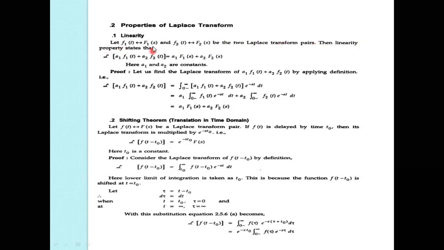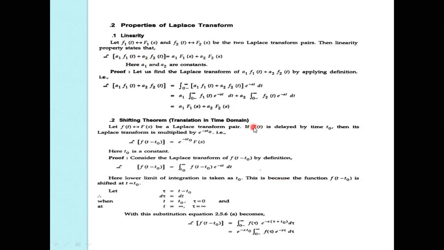Then the linearity property states that the Laplace transformation of a1 f1 of t plus a2 f2 of t is equal to a1 f1 of s plus a2 f2 of s. Here a1 and a2 are constants.